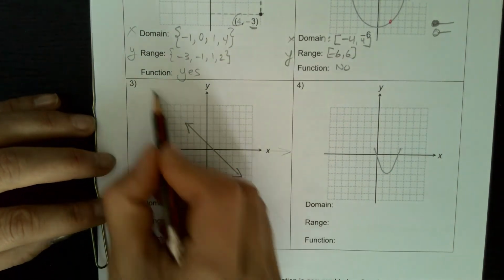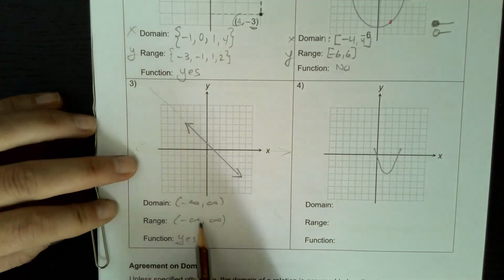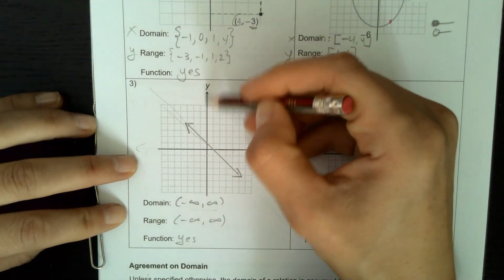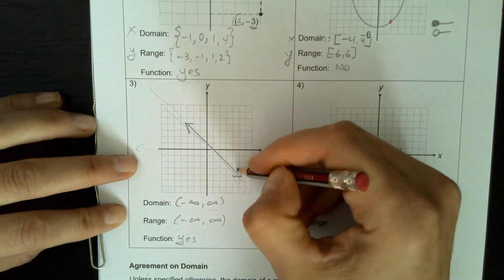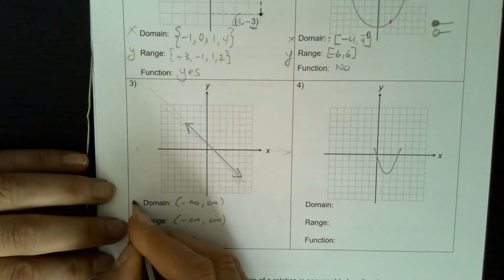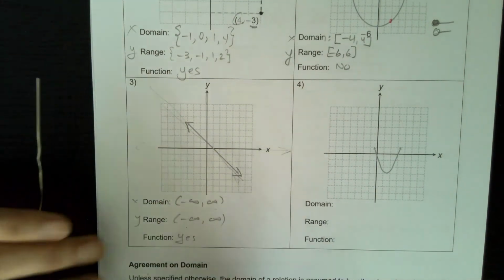It goes on forever, it uses up all the negative x's. It goes on forever up, so it uses all the positive y values, and it goes on forever down, so it uses up all the negative y values. So straight lines are easy.